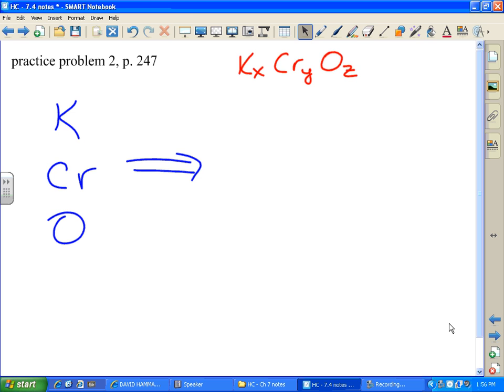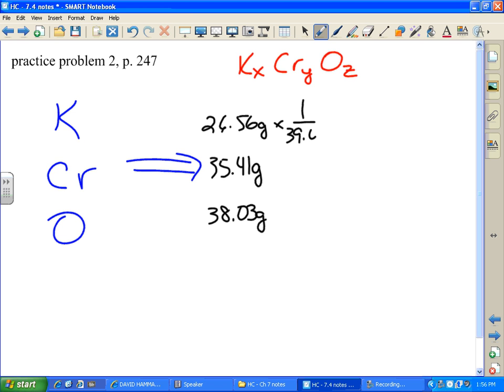Okay, from the question they give us percentages, so we can quickly do some mass measurements here. From the percentages, we have 26.56 grams of potassium, 35.41 grams of chromium, and subtracting those from 100, we get 38.03 grams of oxygen.